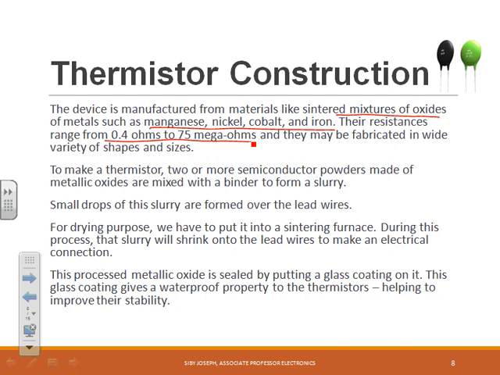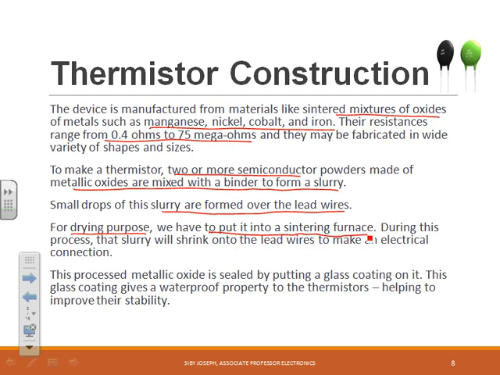So to make a thermistor, two or more semiconductor powders are made into metallic oxide. Powders made of metallic oxides are mixed in a binder to form a slurry. Then a small drop of this slurry is formed over the leads of the wire. Then this wire is put into the sintering furnace.